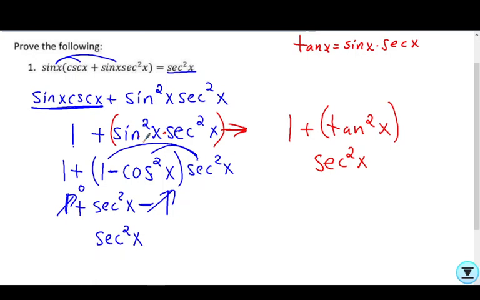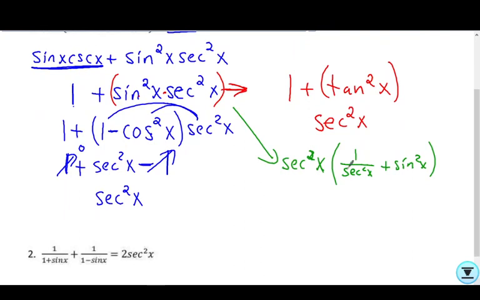Or, again, at this same step, I could have factored out a secant squared. If I factor out a secant squared, I would have gotten 1 over secant squared plus sine squared, like that.